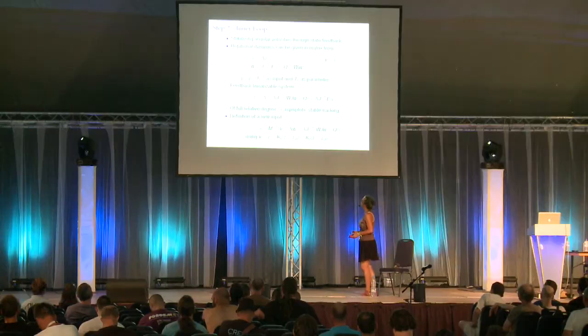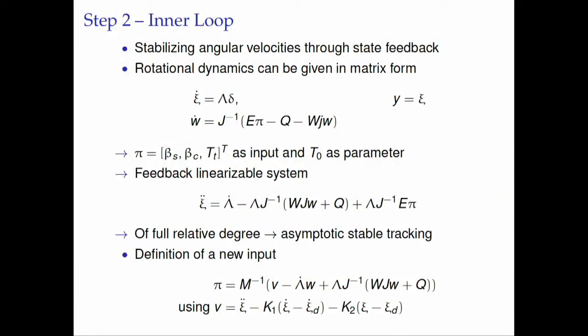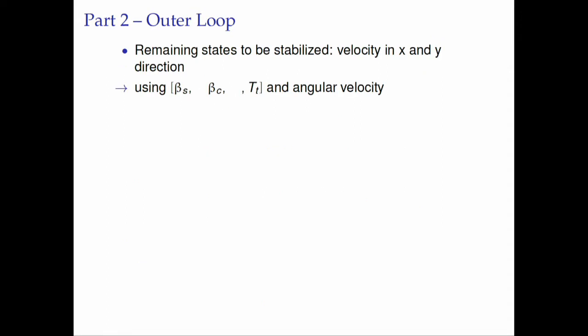What we do then, we have a new input that we can define because, well, I know now how it's moving in these directions and how it's moving in that way. So I can just say I use these four inputs that were former inputs as a parameter as well as the angular velocities and stabilize that way velocities in these and these directions around these points.